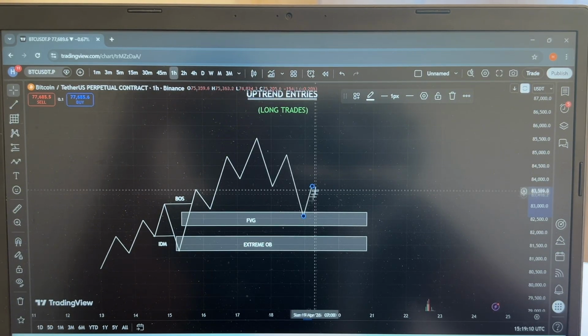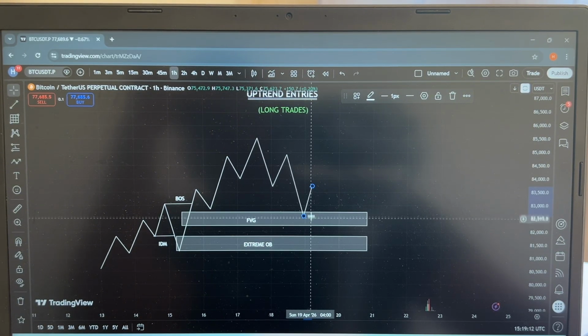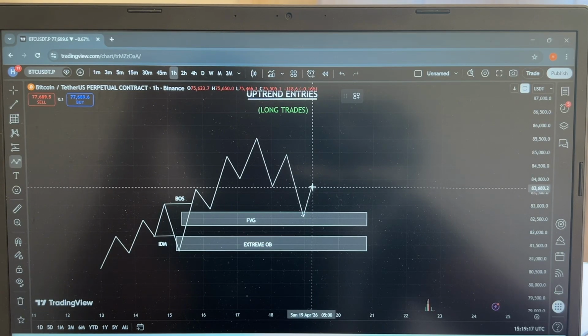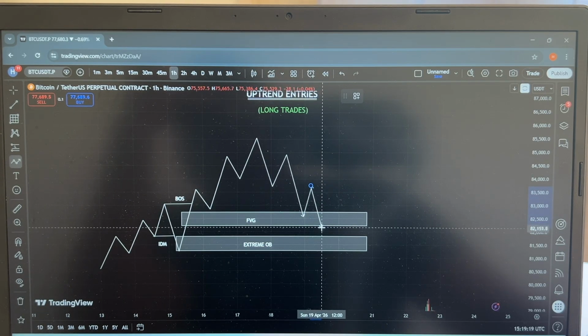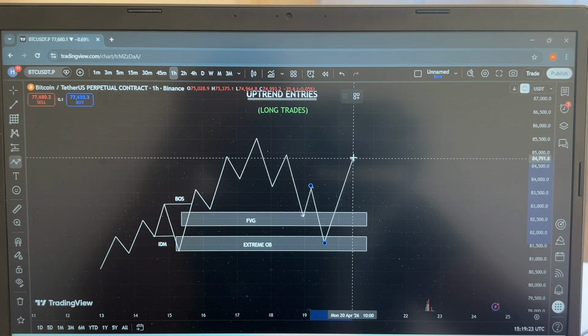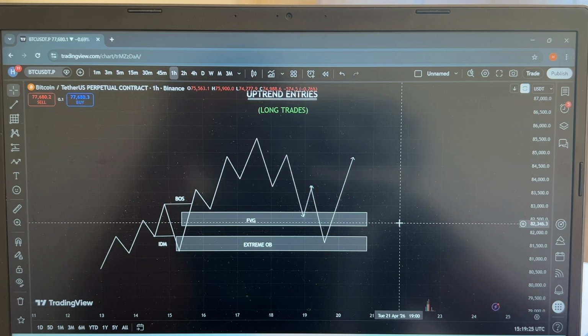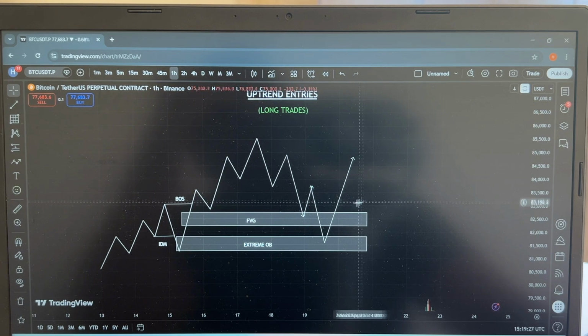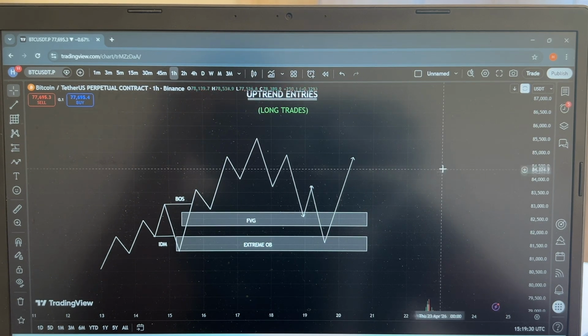But what the market does is fill this FVG, and it does not pump up. It breaks that FVG and goes for the extreme order block, and only then does it keep going up. That is exactly why we go to the lower time frame, to get that change of character.